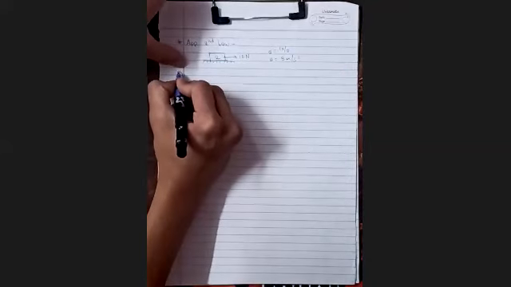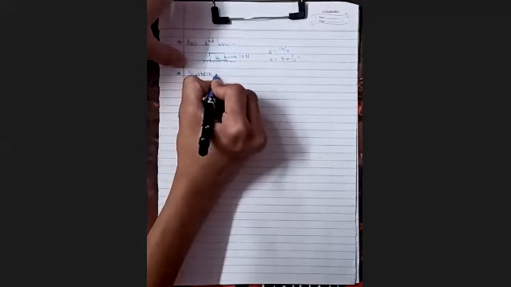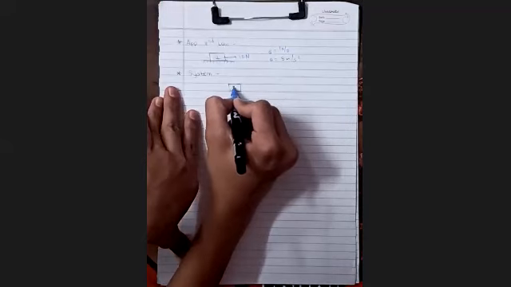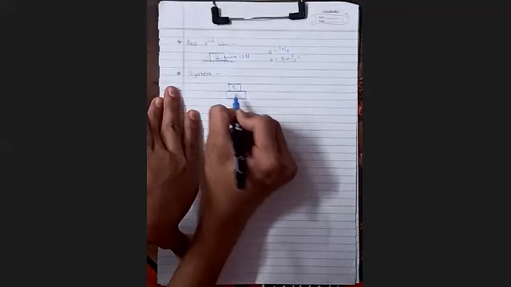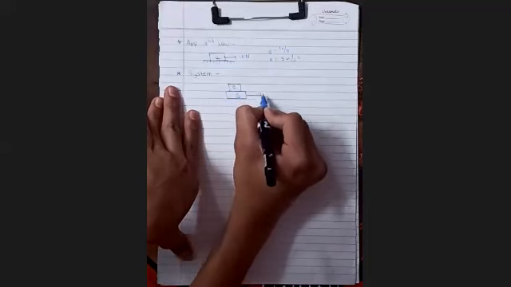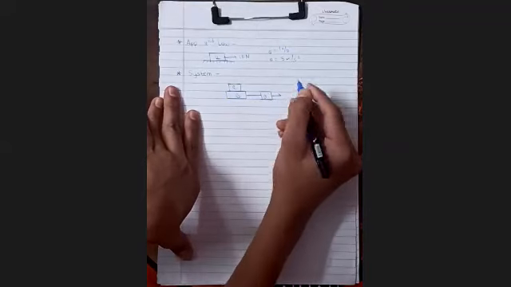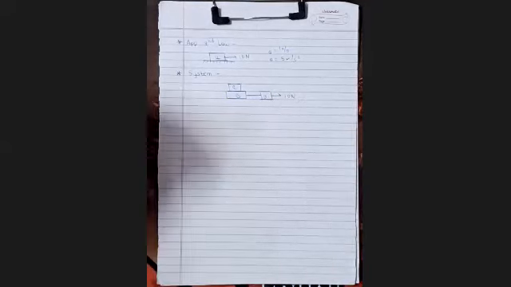Our next point is the next example. There is a 2 kg block, 5 kg block and 3 kg block. The force applied is 10 Newton. So we have to find the acceleration of each block.